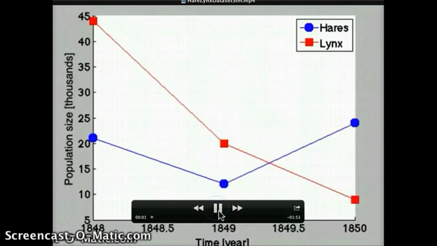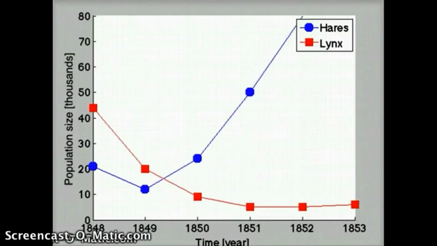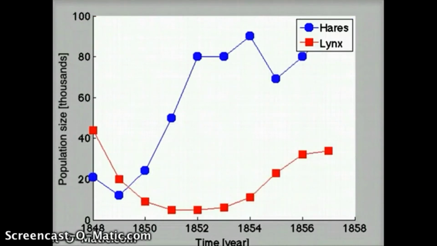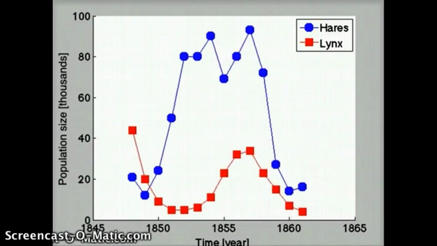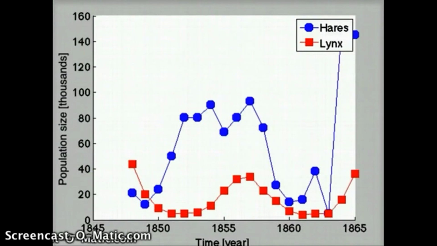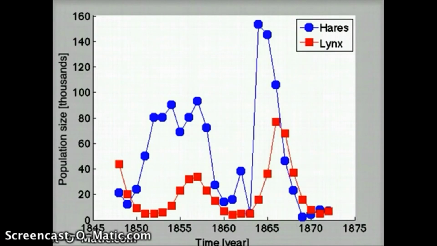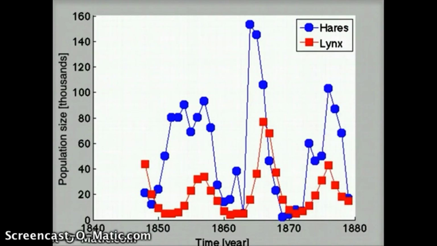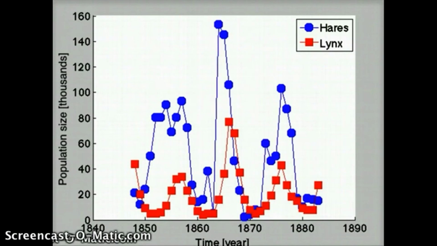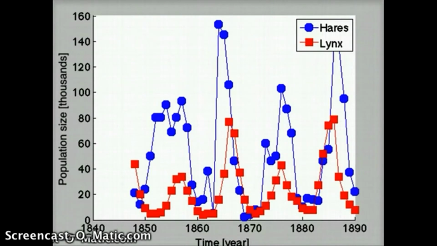Here we're gonna press play, and you can see the progression in time as the data points or the reports are coming in. This will display observations every year from 1848 through 1907.